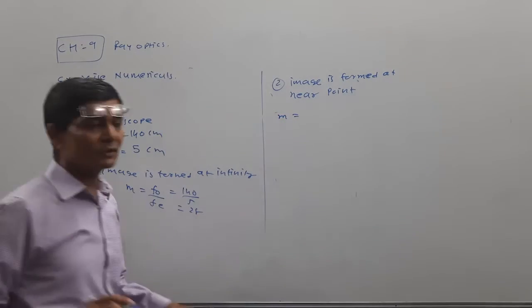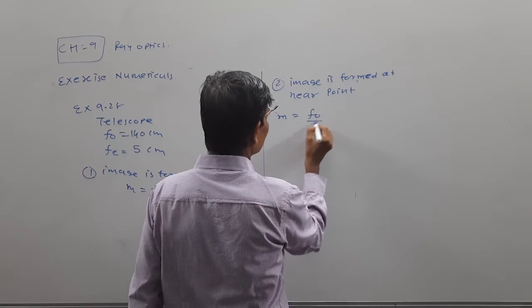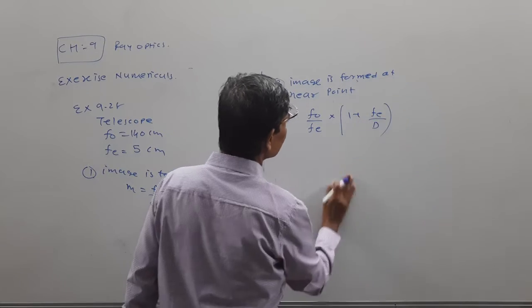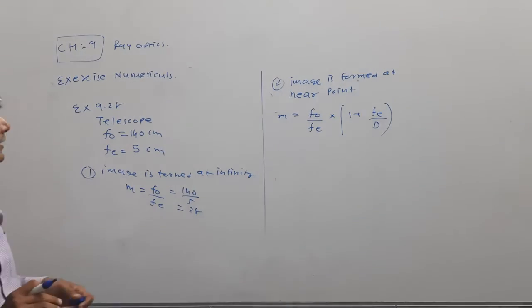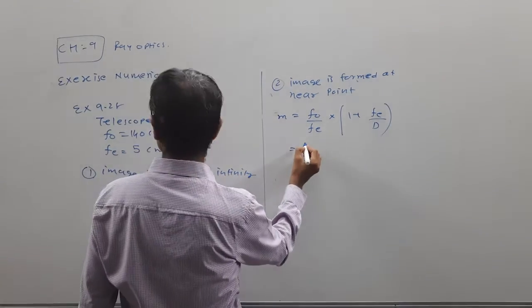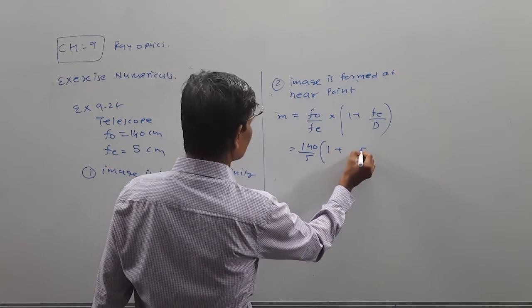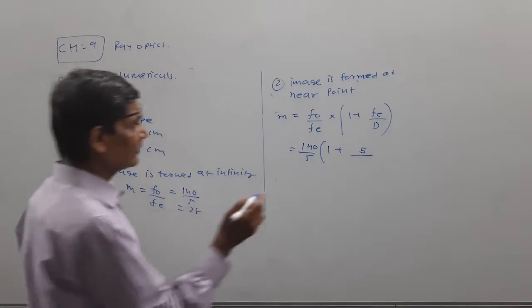In our book the proof of the equation is not given, but we have to use the formula FO upon FE into 1 plus FE by D. The proof is not given in the book, but even then we will use it. FO is 140, FE is 5, and our near point D is 25.